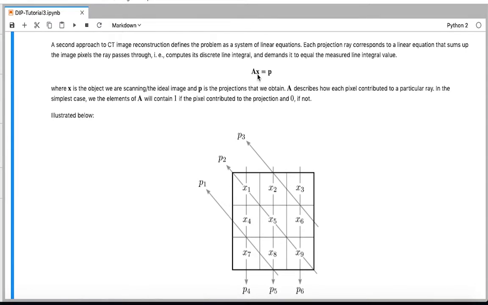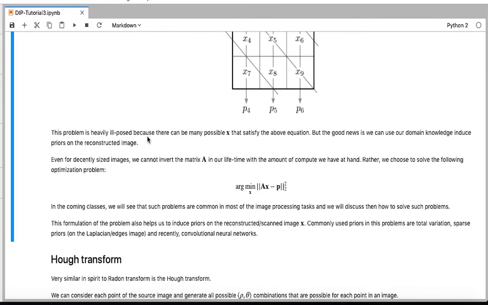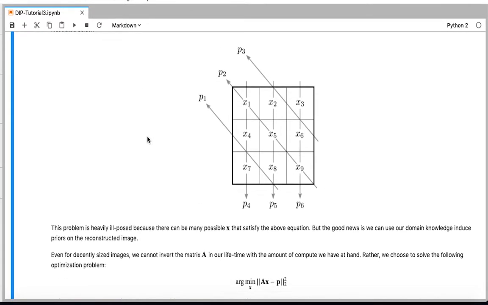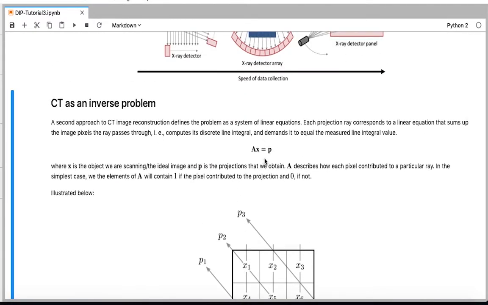So here you just have to invert. I mean, it's not that simple, because you can't really invert A, since A is a huge matrix. If you're talking about 512 by 512 images, then A contains 512 squared by 512 squared elements, which you can't invert. This is also ill-posed, because you can get several solutions of X from this linear system of equations that satisfy what you want.